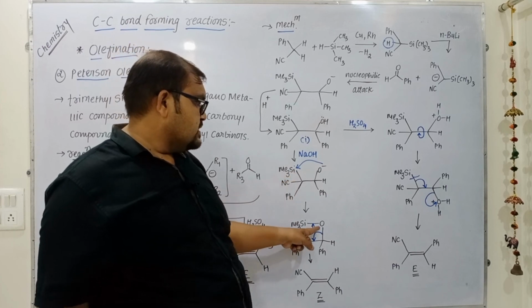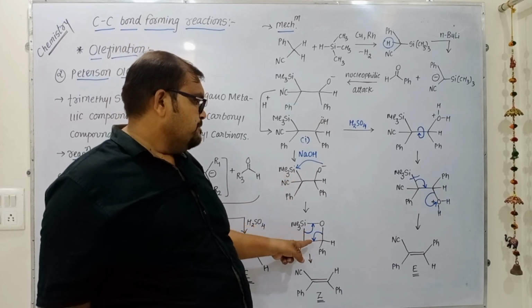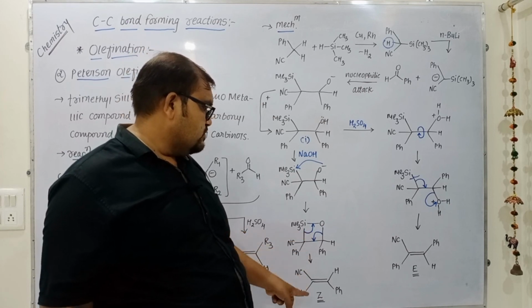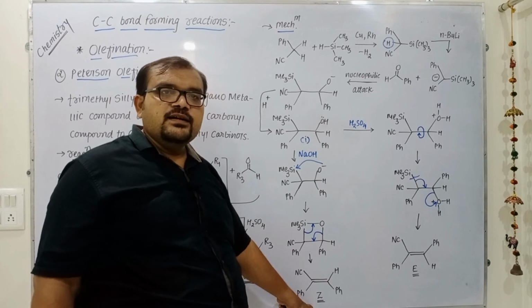So we will get this type of ring intermediate, and this ring intermediate will undergo decomposition like this to give Z alkene as a product.